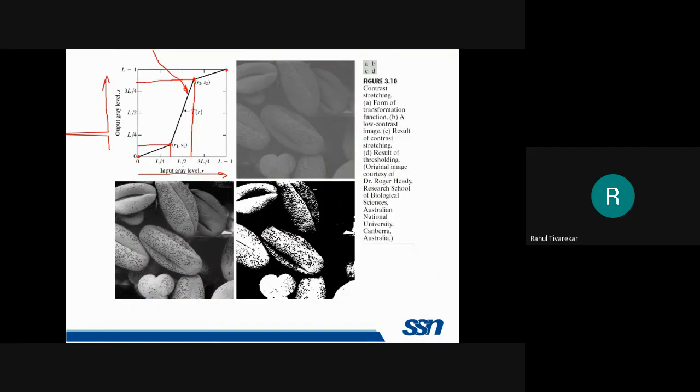So here you can see that value of R1 is somewhere here and value of R2 is somewhere here. So R1 is less than or equal to R2. This condition is satisfied. Similarly, S1 is here and S2 is somewhere here. So S1 is less than or equal to S2. This condition is also satisfied.